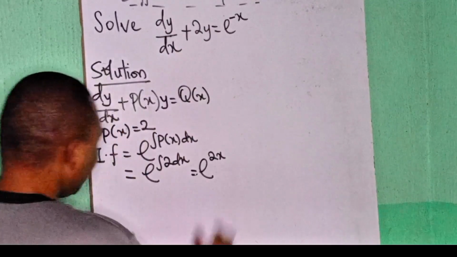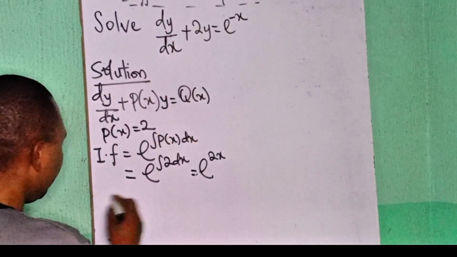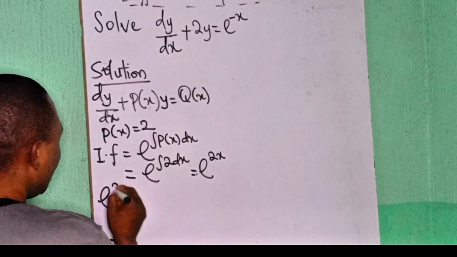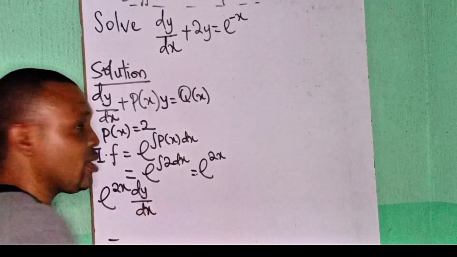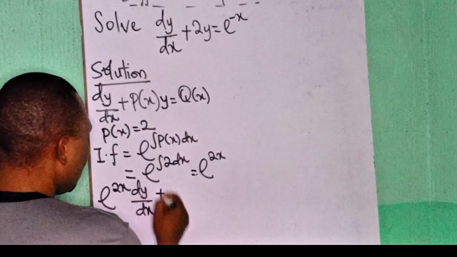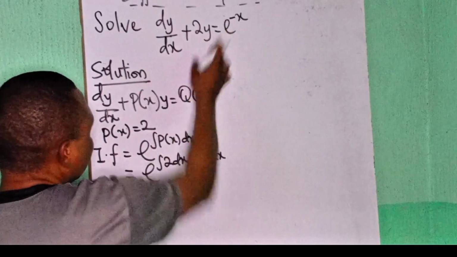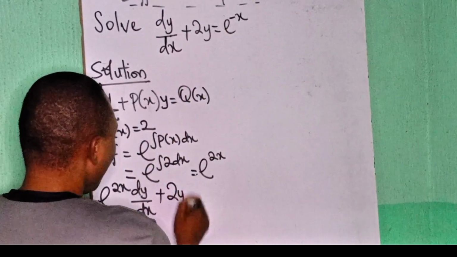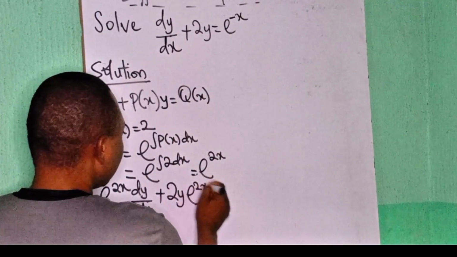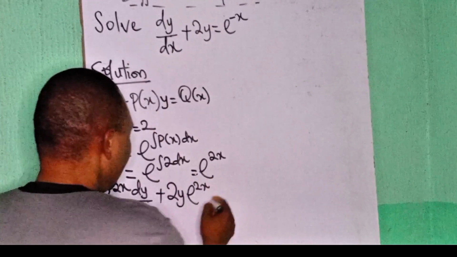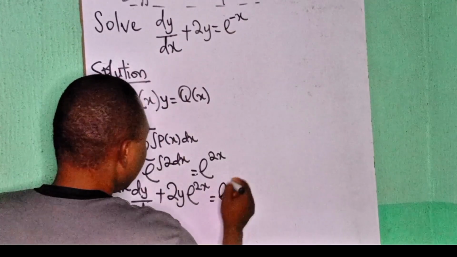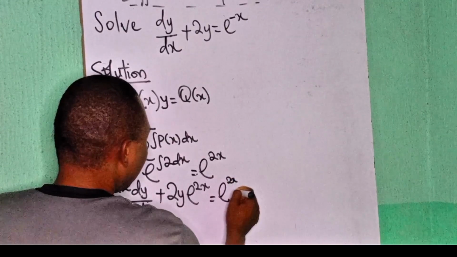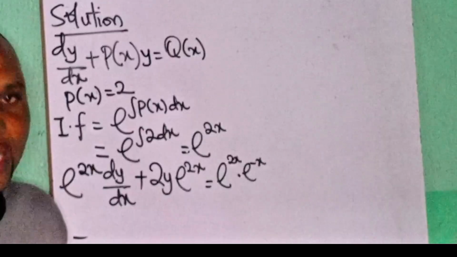Now the next step is to use this to multiply this and this. So if I use this to multiply this, I'll be having e to the 2x dy/dx, plus, multiplying this, 2y e to the 2x. Now using this also to multiply this, it becomes e to the 2x times e to the minus x. Is that clear?